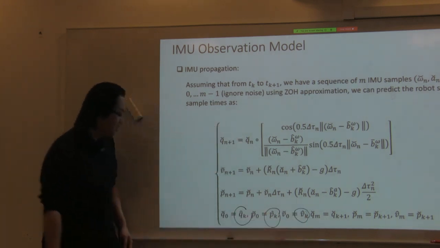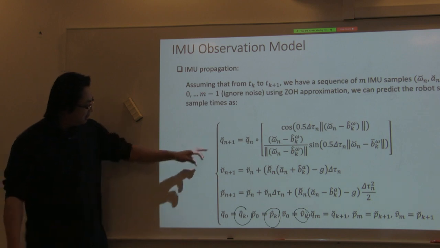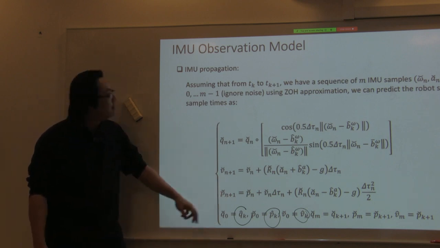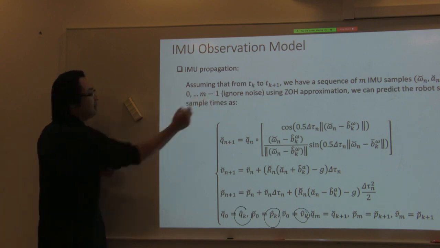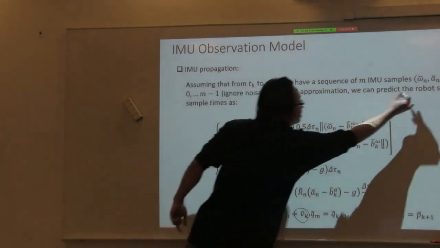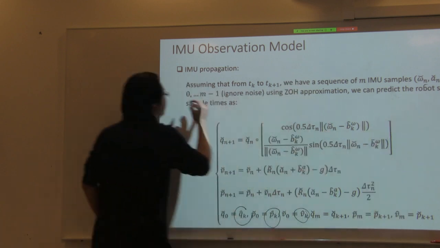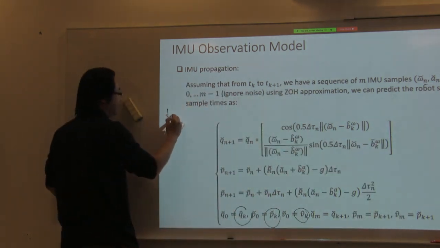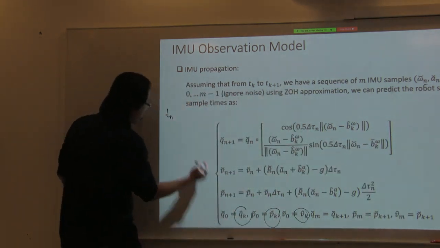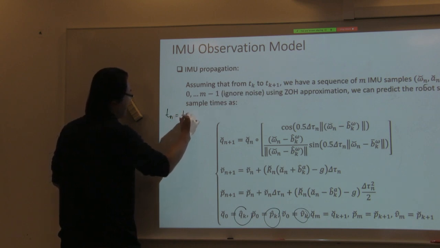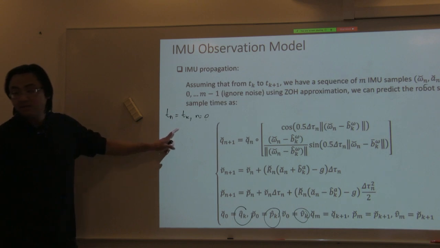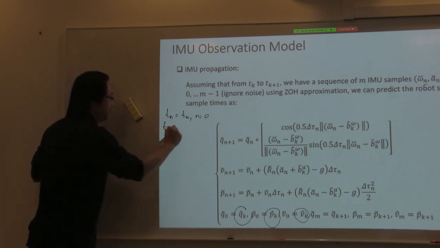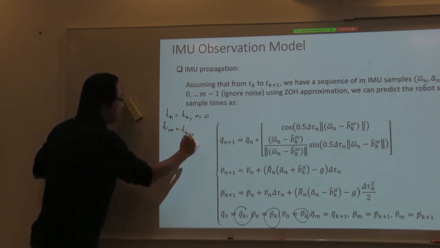What is the relationship between n plus 1 and k plus 1? The last sample, the IMU measurements n, right? So n equals tk when n equals 0. So the first IMU sample is the beginning of the interval. The last is tk plus 1.